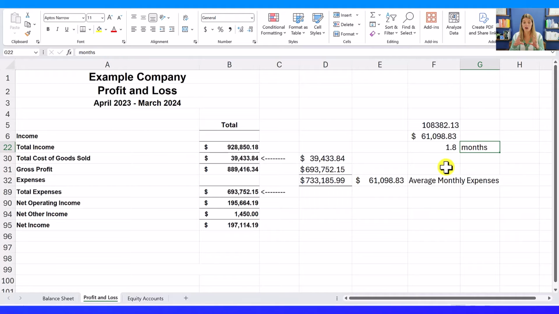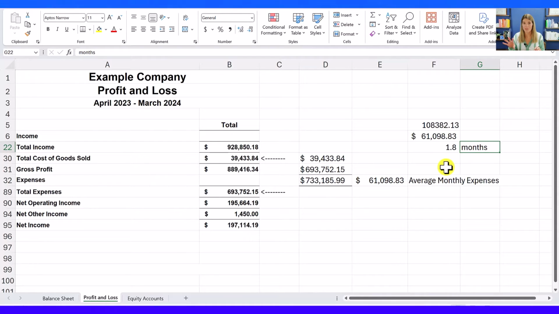Now, we could argue that if all of our revenue went away, we could stretch that money a lot further because we would not be spending on certain things. Some of our expenses are more nice to have, and we could cut those out really quickly. Yes, I would do the same thing. I get it. But this is just a number you can use to measure how liquid your company is.